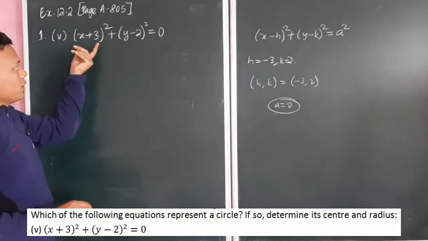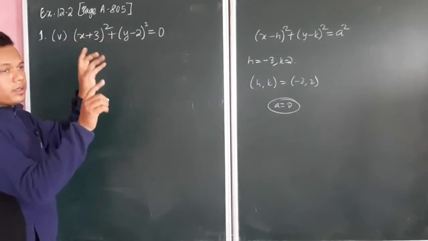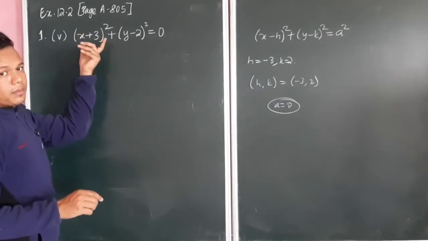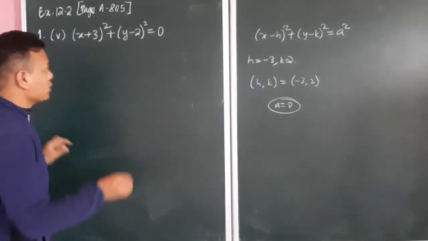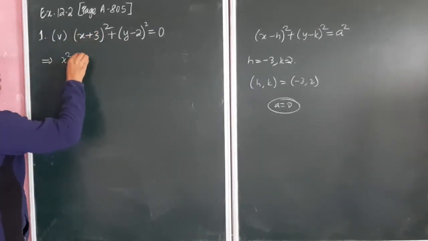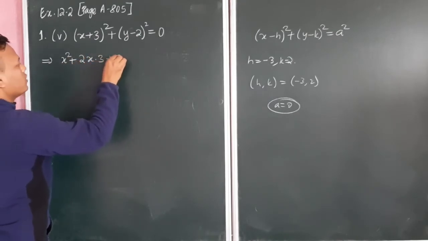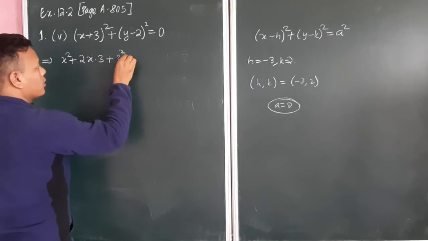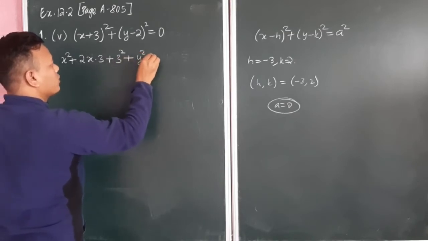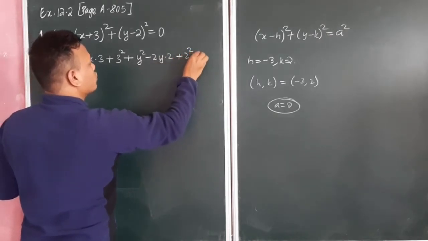So in order to make this general form, we will open up the bracket. Okay, so that means we'll apply a plus b whole square formula, a minus b whole square formula. So if I do that, then we have a squared plus 2ab plus b squared, yes, plus y square minus 2y into 2 plus 2 square equals to 0.